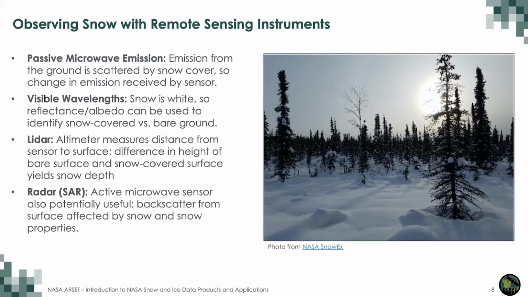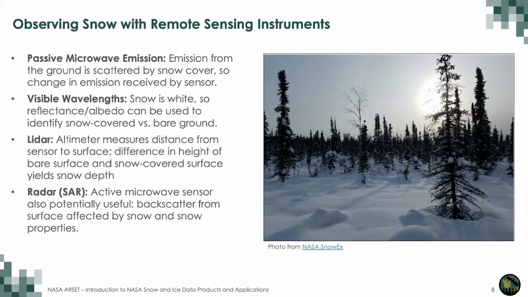LiDAR, or laser altimeters, measure the distance from the sensor to the surface, and so when the reflection of the altimeter bounces off the snow surface, it's at a higher level than the bare ground, and we can measure that height difference and measure the snow depth. Radar, or synthetic aperture radar, SAR, is an active microwave sensor, and it's similar to the passive microwave. It behaves similarly with snow cover.